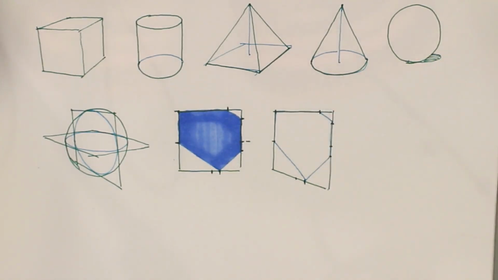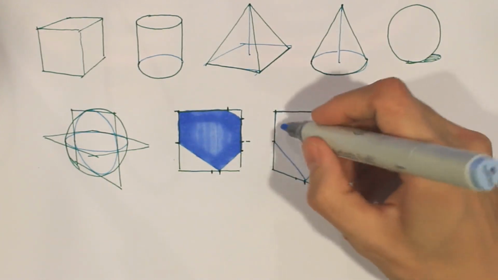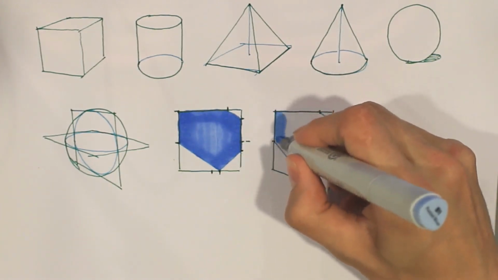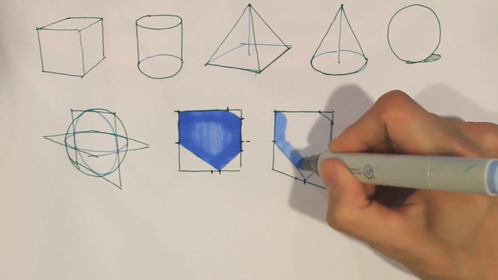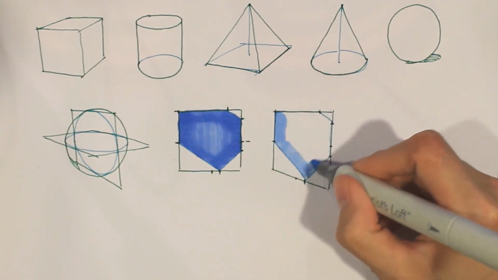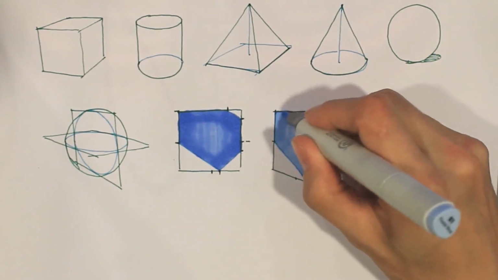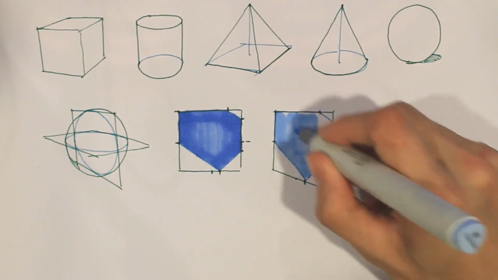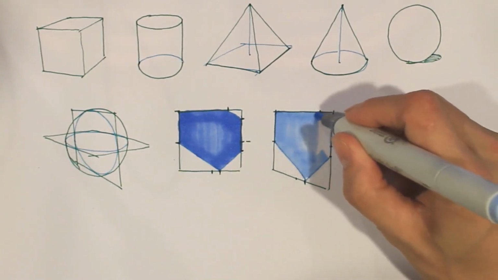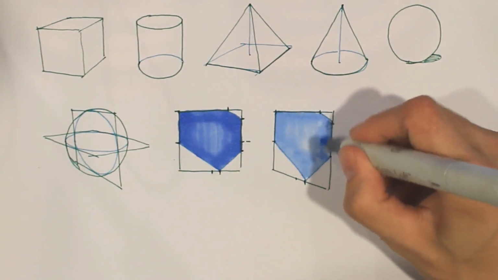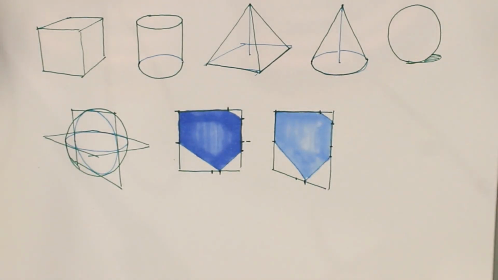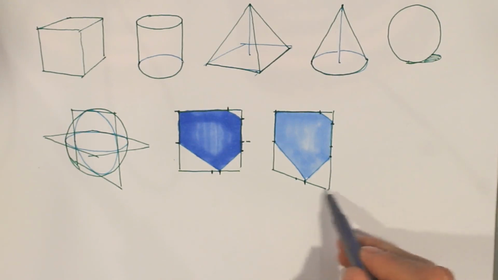Let me color that in with the marker again. And now what we'll do is expand that two-dimensional plane in perspective.